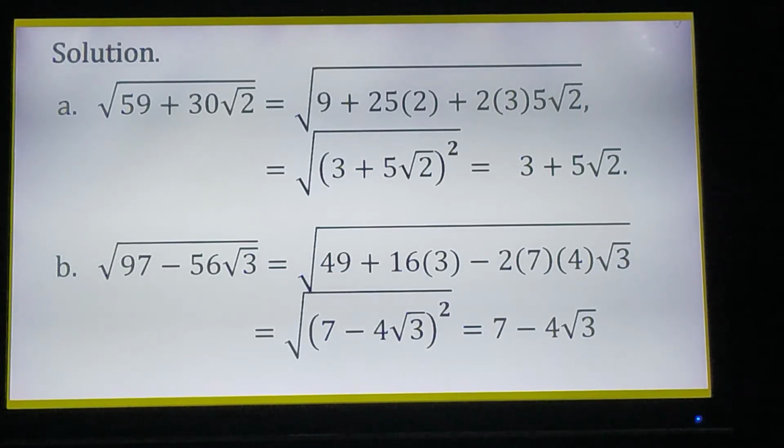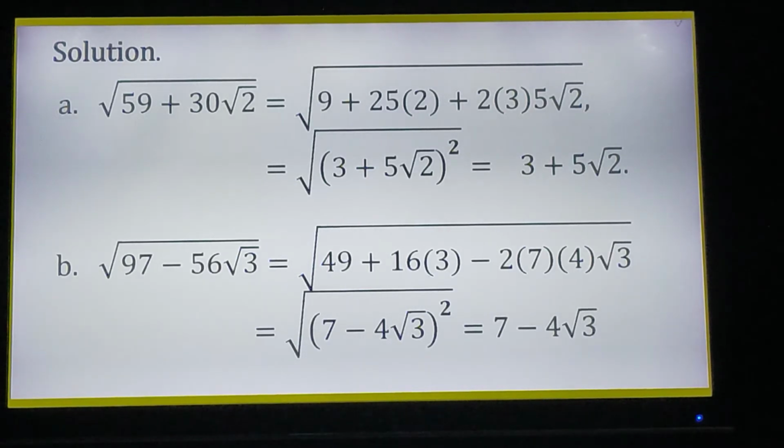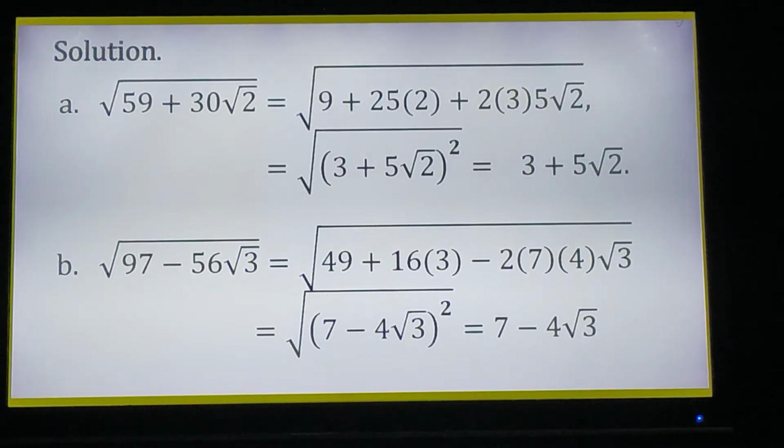So therefore, the number 9 plus 50 plus 30 square root of 2 is actually the square of 3 plus 5 square root of 2. Therefore, the square root of 59 plus 30 square root of 2 is equal to 3 plus 5 square root of 2. In letter B, again, think of a perfect square smaller than 97, and the other one should be a square multiple of 3.